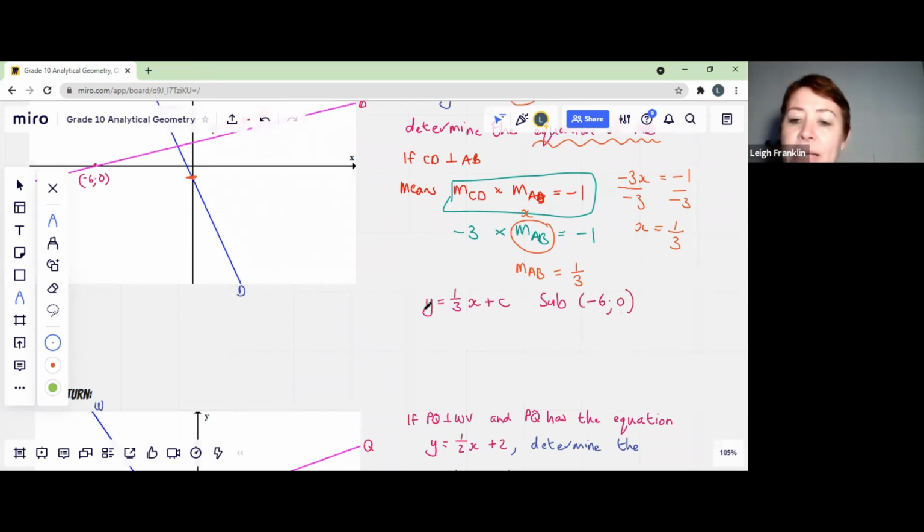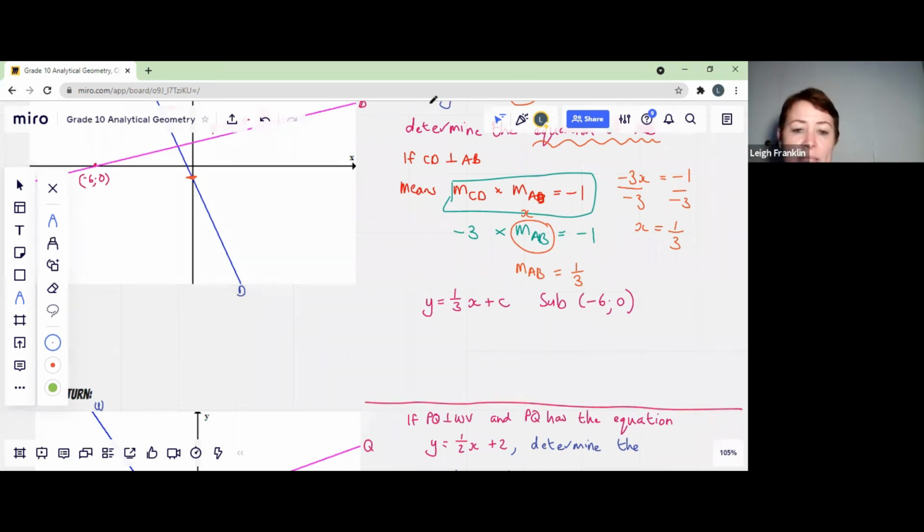Let's see if you guys can sub that point in and work out what C is. It's exactly the same thing as what we were doing before, exactly the same skills. The only thing that was different was the gradient, and we've done that together.